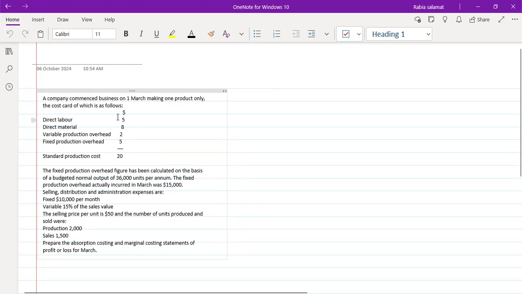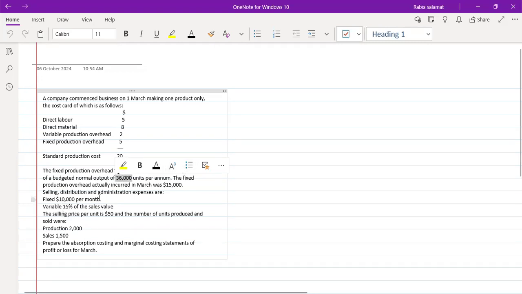The cost card is as follows. Direct labor is 5, direct material is 8, variable production cost is 2, fixed production overhead is 5, standard production cost is 20. The fixed production overhead figure has been calculated on the basis of budgeted normal output of 36,000 units per annum. What is your budgeted volume? Budgeted units is 36,000 units per annum.